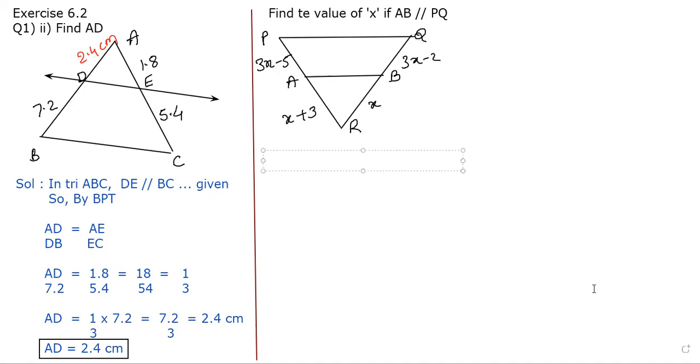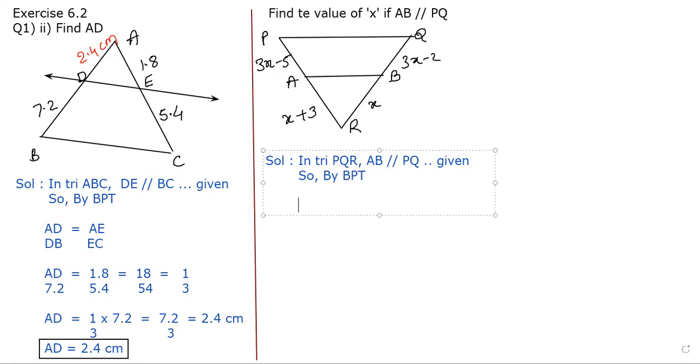What am I going to write? In triangle PQR, AB parallel to PQ, given, by applying BPT.